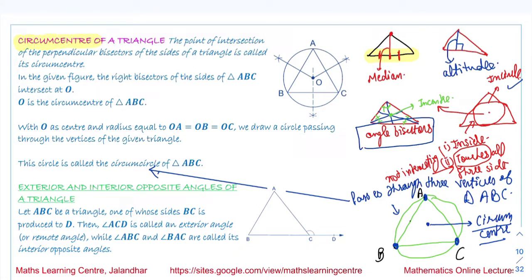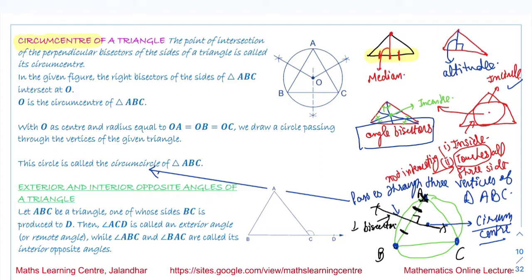I will keep the compass at A and mark two arcs over here. Similarly from B, I will mark the arcs and join these two, and this is the perpendicular bisector. Perpendicular bisector means that it is dividing AB into two equal parts, and this angle is 90 degrees.